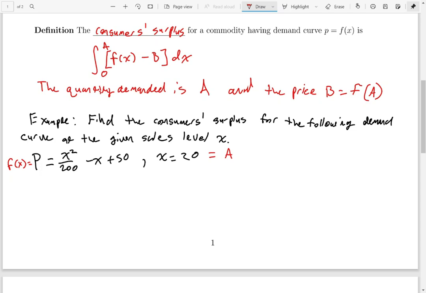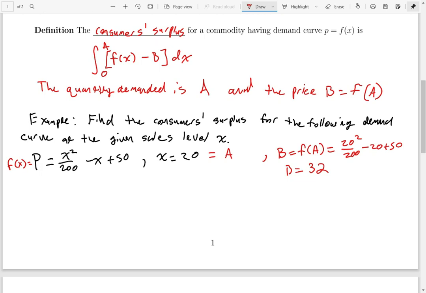Then, if I want to find this B that's labeled, B is specifically f of capital A. And so that means that B is going to be 20 squared over 200 minus 20 plus 50, which I get then that B is equal to 32.